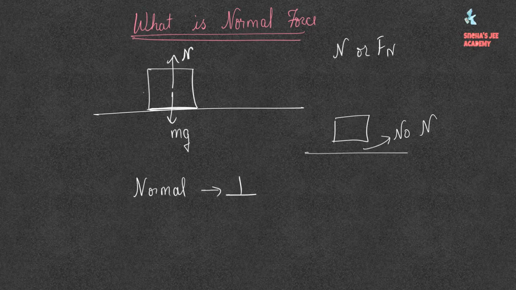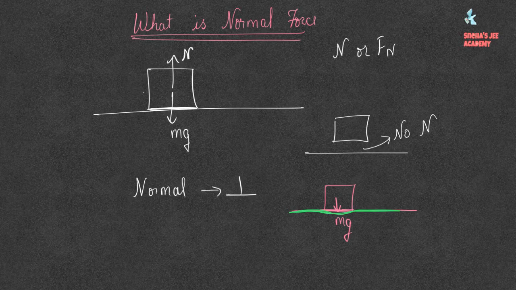As we know from Newton's third law, every action force has an equal and opposite reaction force. If we keep a block on a table, there's a force exerted by the block on the table, that is mg, due to gravity. This mg acting on the table causes a small deformation, so small that you can't see it with your naked eye.